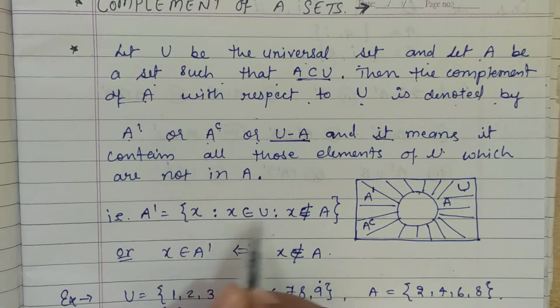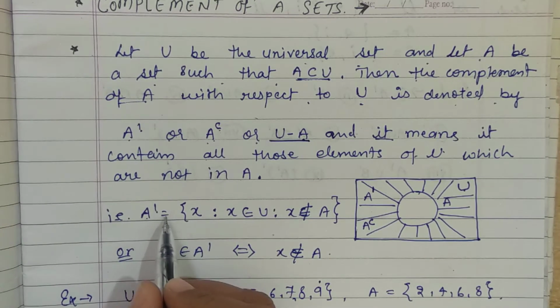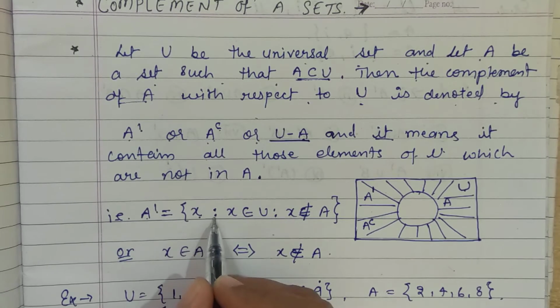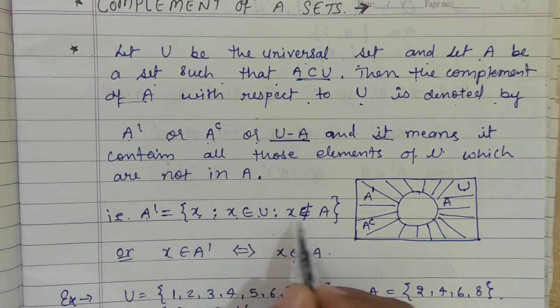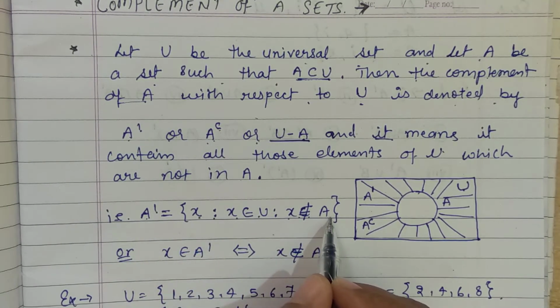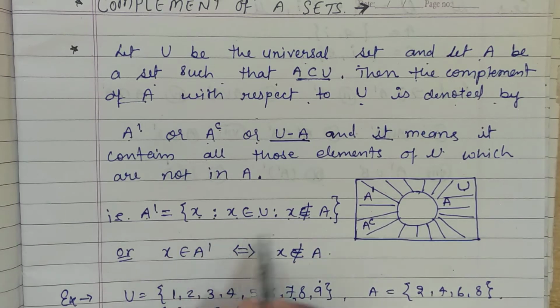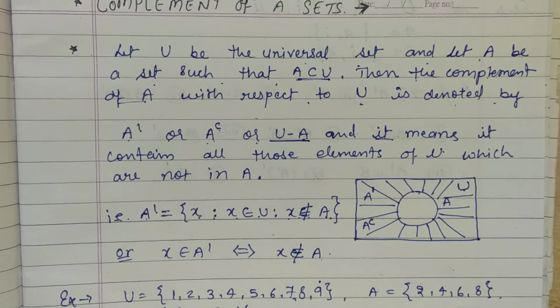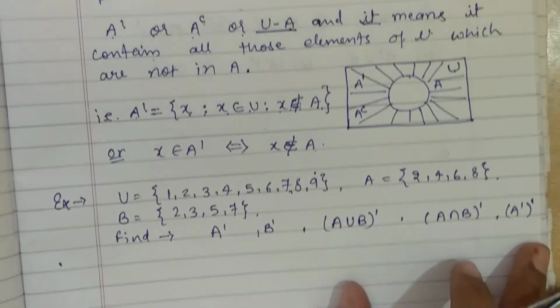In set builder form, A complement is equal to {x such that x belongs to U but x does not belong to A}. If this condition holds, then we say that all the elements which belong to A complement are not in A. Okay.